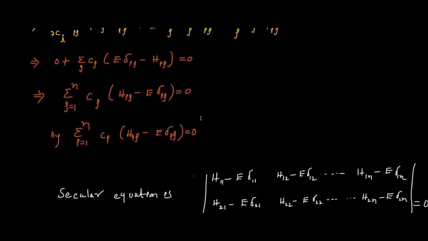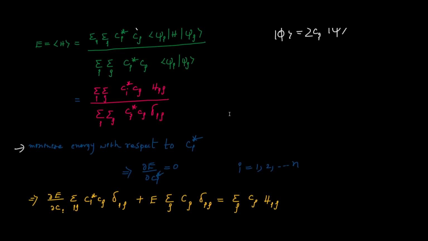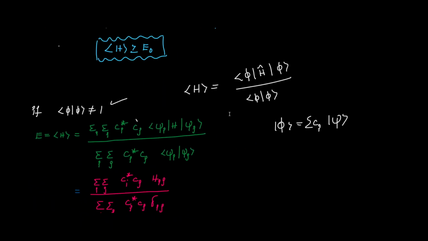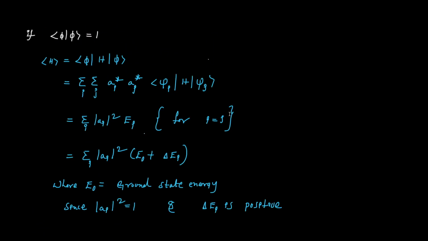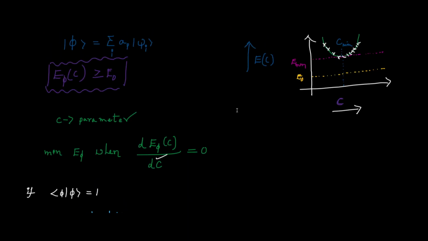So basically, the essential points of the variation principle method, to calculate the ground state energy, we need to remember the following. The first step is we need to guess the trial wave function.